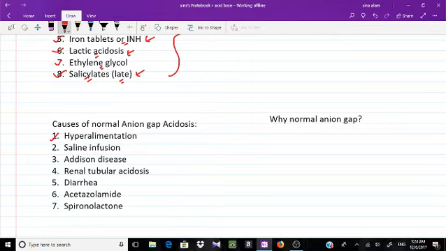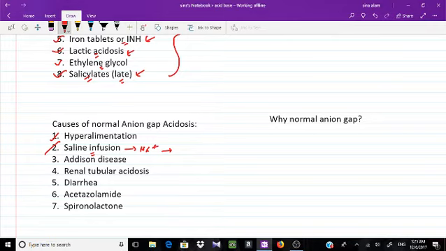Maybe this doesn't happen in this modern era, but it happened earlier, and those infusion products had a lot of proteins. Those protein compounds react with your body, metabolize, and produce some H plus, and when there is increased H plus, there is acidosis. Saline infusion: when you increase saline, there is sodium, and this sodium is all over the body.